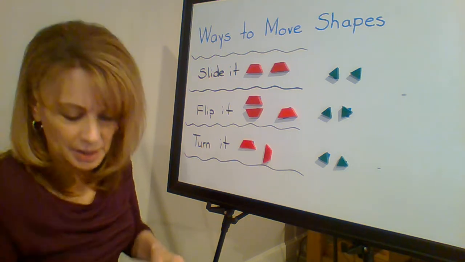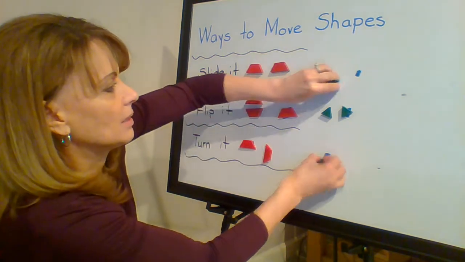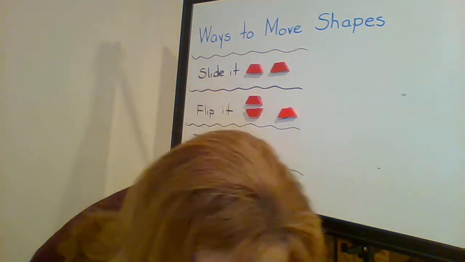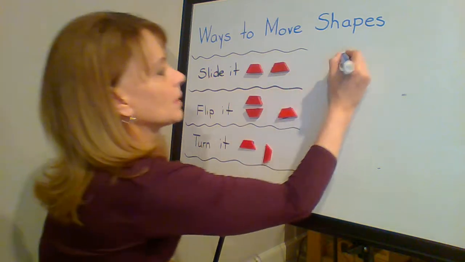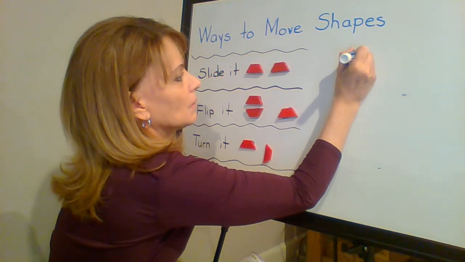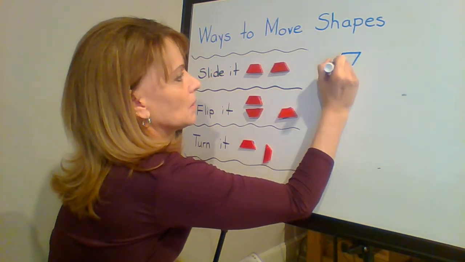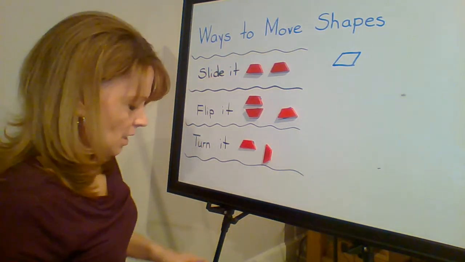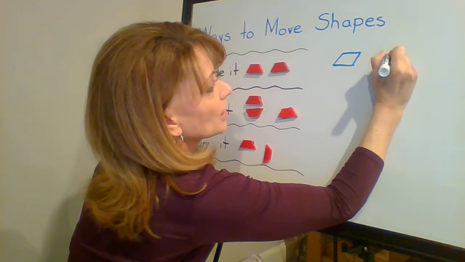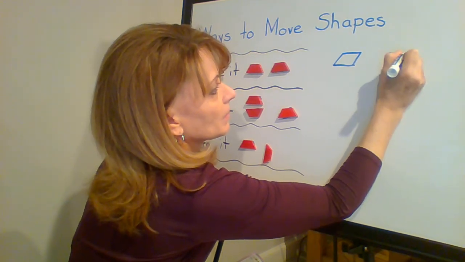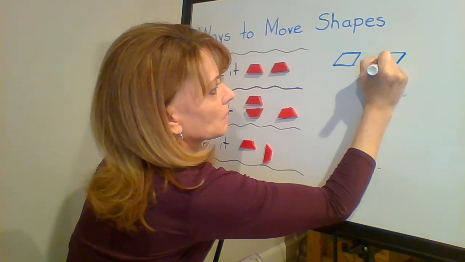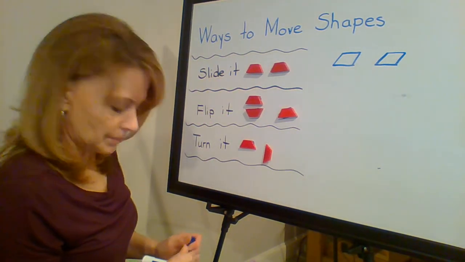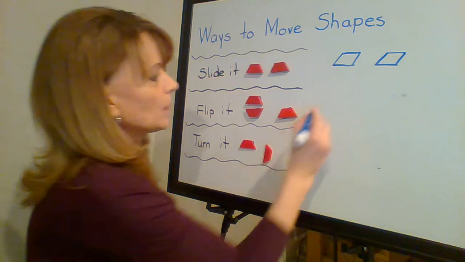I think it might be easier if I just try to draw these. How'd I do? So if I slide it, it's going to look exactly the same, right? But what about if I flip it?